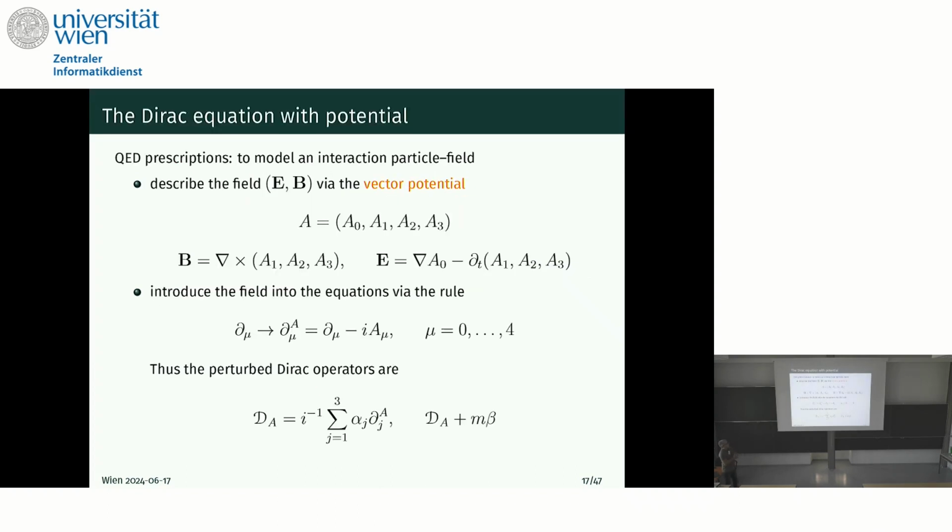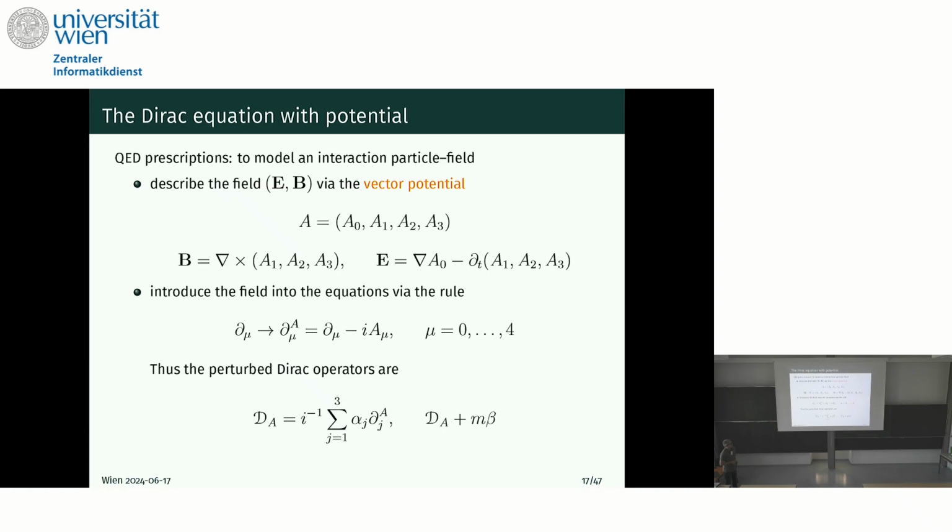Let me mention something about potentials. How do potentials enter in this picture? Quantum electrodynamics is essentially the theory of Maxwell-Dirac. You have to couple the electromagnetic field with the Dirac field, the interaction of the particle with the electromagnetic field, and the prescription to interact is through the vector potential. You have a field described by a vector potential, and you modify the derivative in Dirac by adding this four-term vector potential.